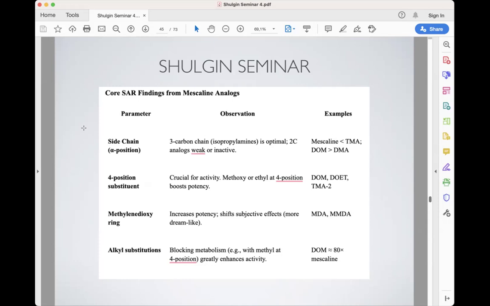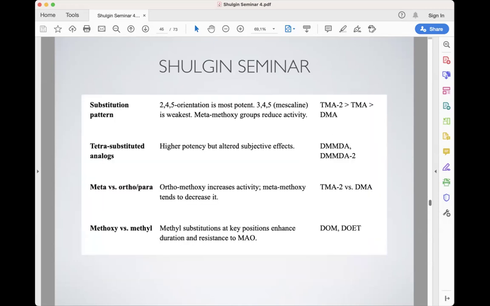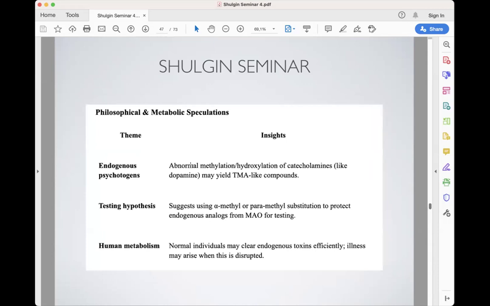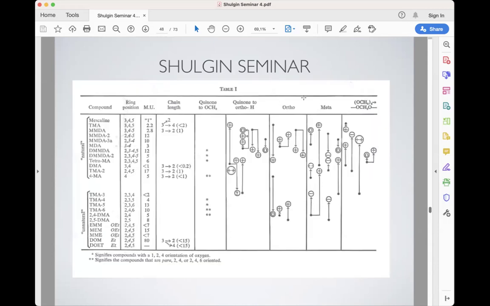These are other structures that he experimented with. Yeah. So this is the meta, ortho, and para rubric in the table that we have seen here, the second and the third column on the right.